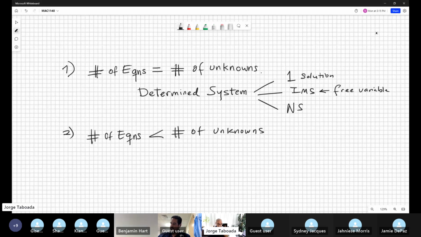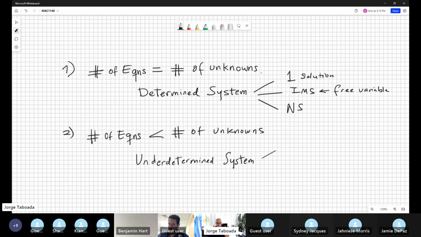So the classic x, y, z, three variables, and we have two equations. In this case, this system is called underdetermined.